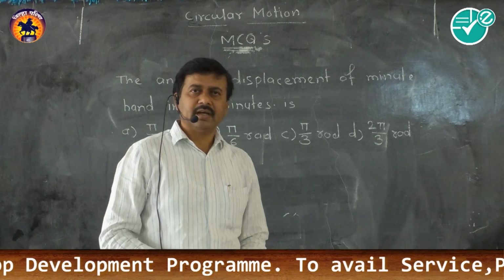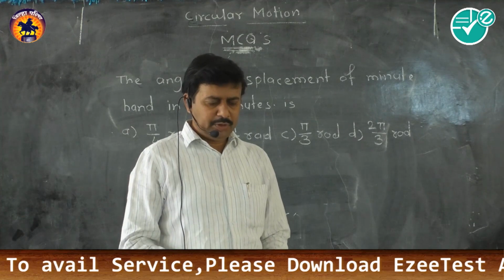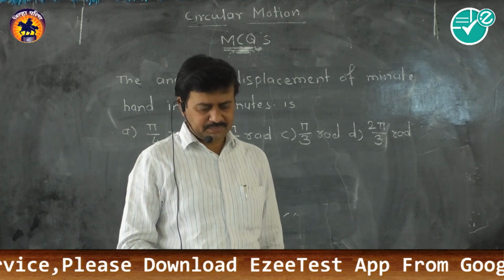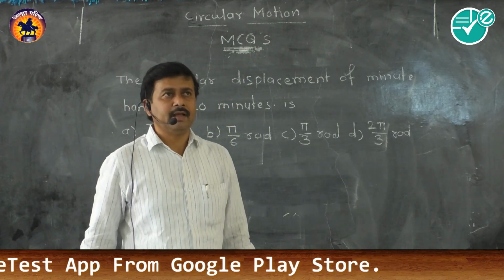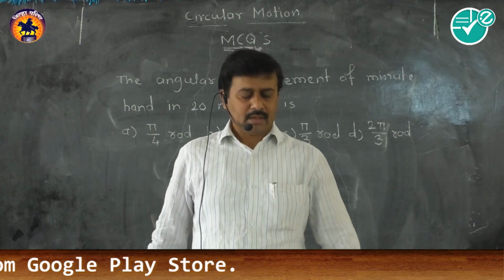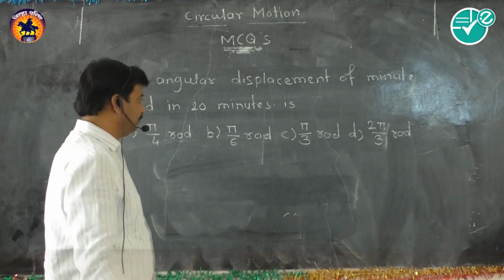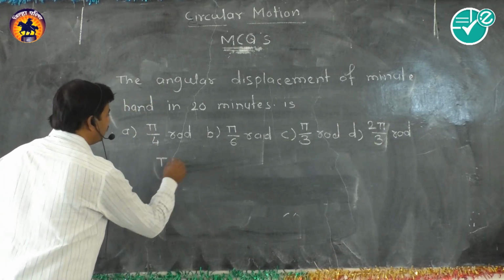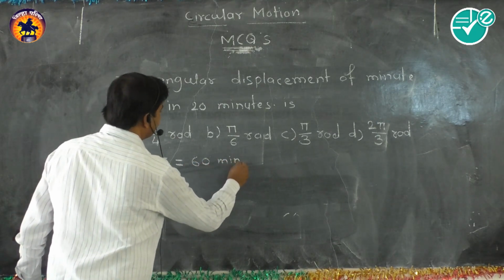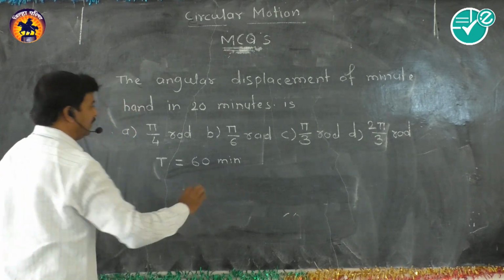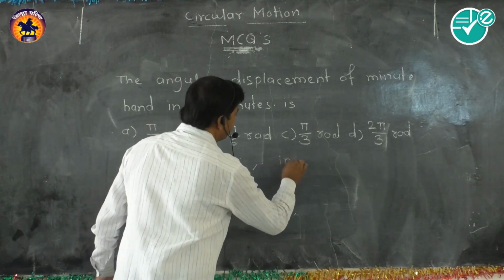So here again it is related to the clock, and we know the periodic time of the clock. The period of the minute hand is 60 minutes. So here we can have a simple ratio: how much angular displacement will it perform in 20 minutes?